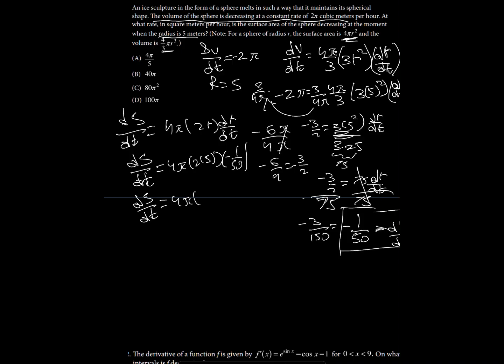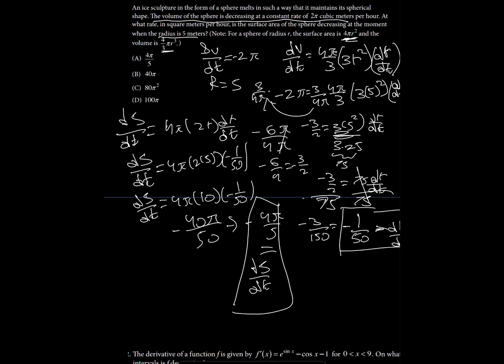We're going to have dS over dt equals 4 pi times 2 times 5 times negative 1 over 50. And from here, we can say dS over dt equals 4 pi times 10 times negative 1 over 50. And we can actually go ahead and multiply this 4 pi times our 10 and then times our fraction.